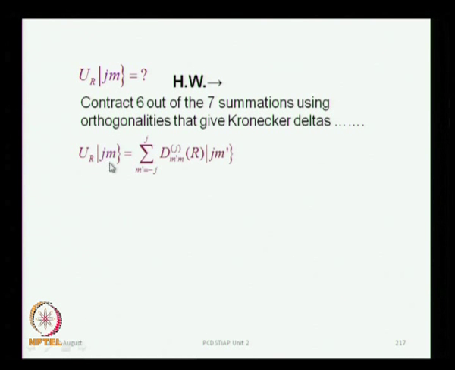All those 7, through the Kronecker deltas, contract to a single sum, and the result is this: the response of this vector to rotation is that you get a superposition of similar vectors with m prime going from minus j to plus j, and the weight factors, the coefficients, are nothing but the Wigner D matrix elements.